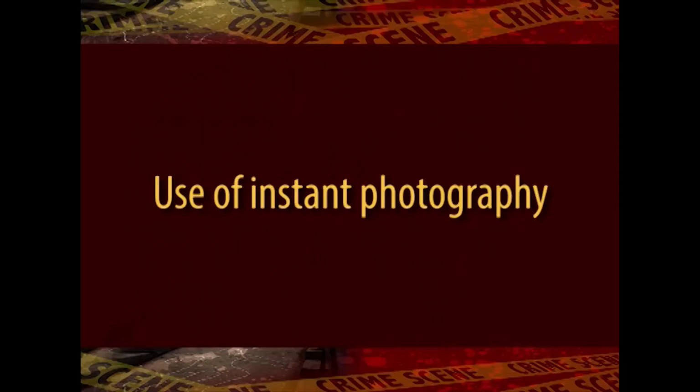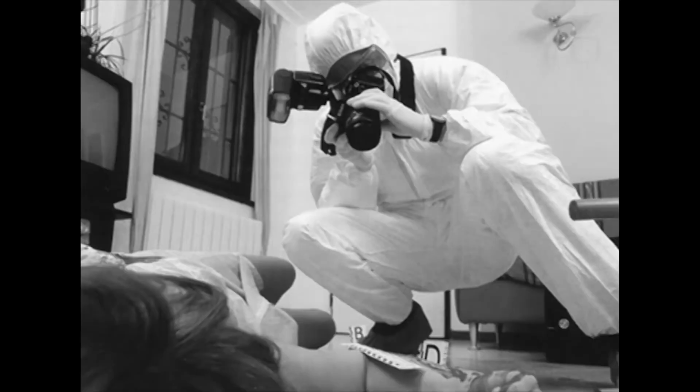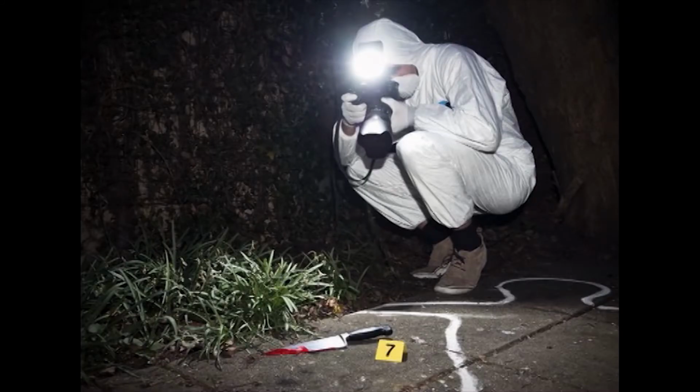Use of instant photography. Often it is seen at the scene of crime that the investigating officer finds that transient and conditional evidence at the crime scene can be lost, changed or altered. As we know, these evidences lose their identity with the passage of time, so there is an urgent need to preserve them in original condition.